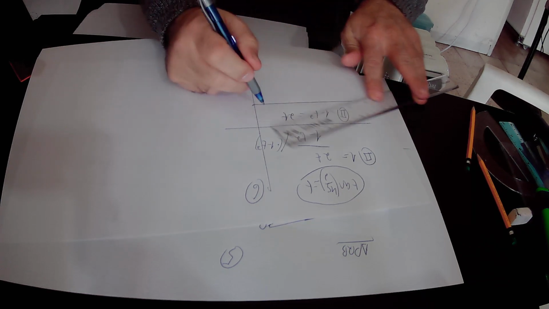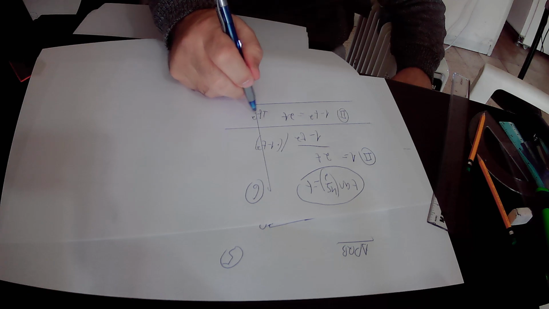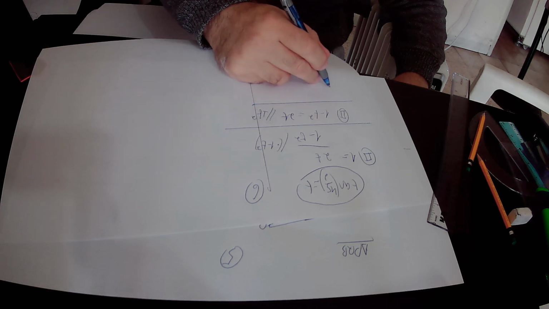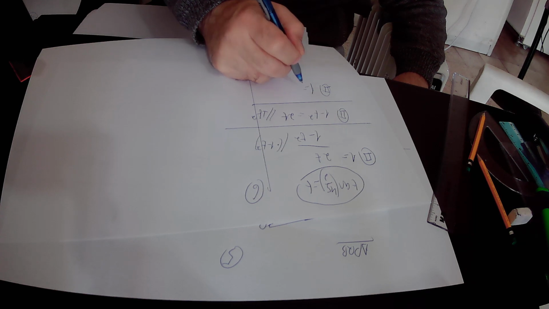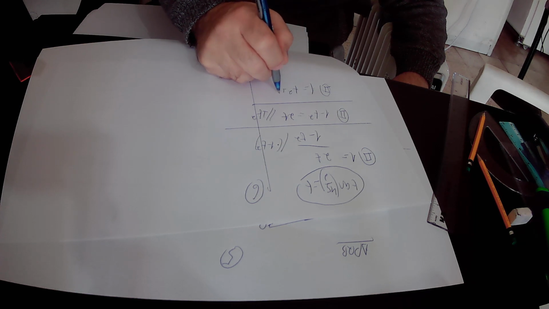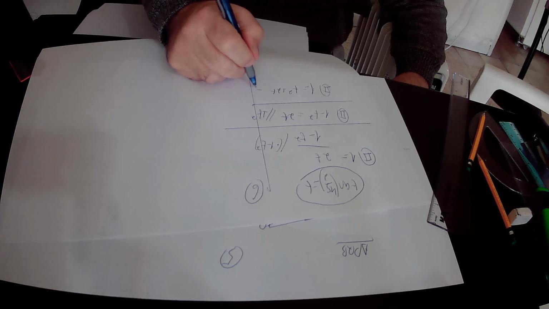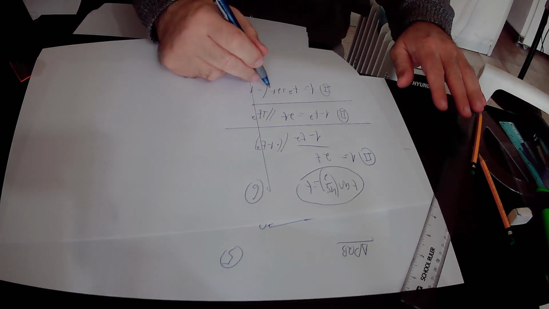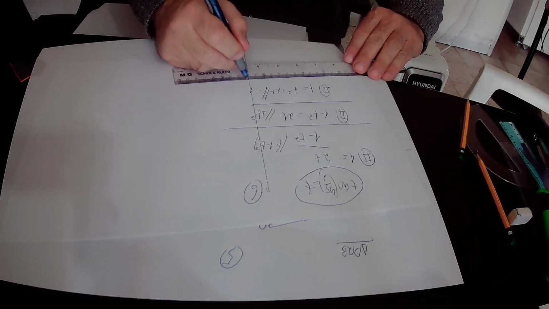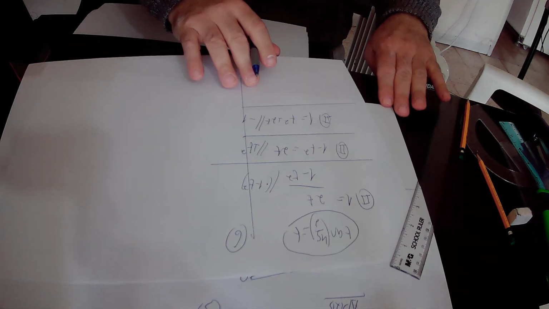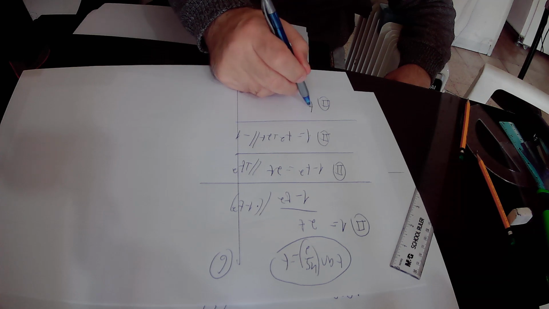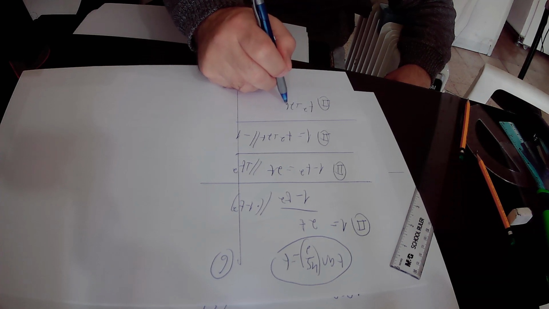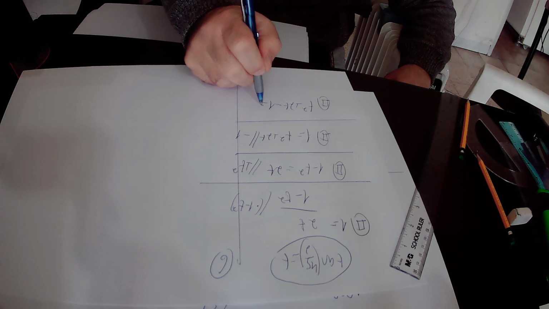We will add t squared to this equation number 2, and we get that according to equation number 2, 1 equals to t squared plus 2t. We will subtract 1 from this equation number 2, and finally we will get that according to equation number 2, t squared plus 2t minus 1 equals to 0.